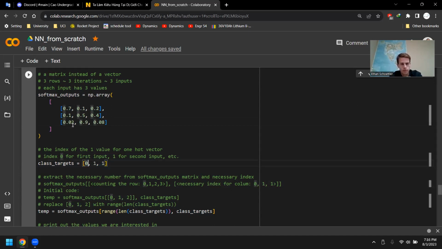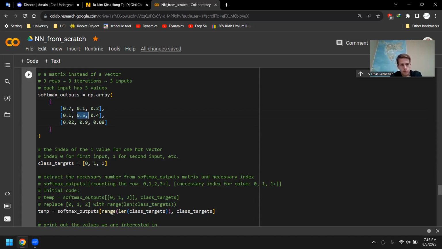So for example, the first one in this one is going to be 0. So the 0 row, and then the first one in the class target is going to be 0. So it's going to be the first row, first column, which is 0.7, which is what we're interested in. Then we continue doing that.